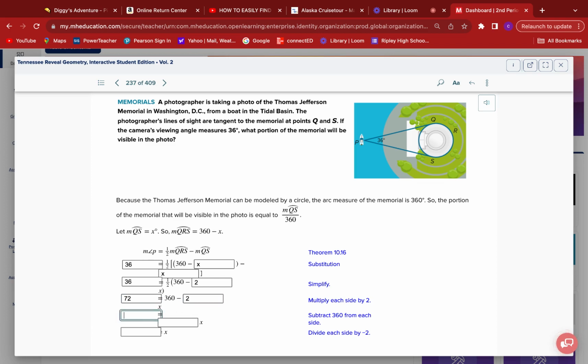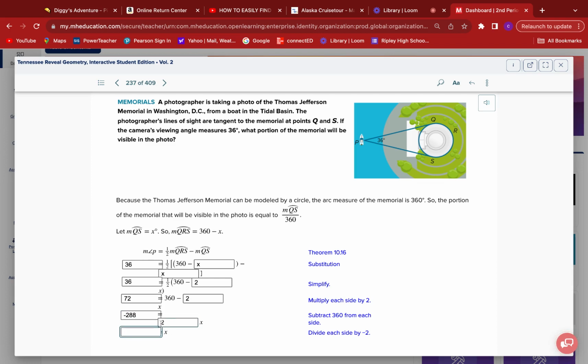Okay. Let's see. What do they do? Subtract 360 to the other side. So 72 minus 360 is negative 288, and that equals negative 2X. Then the opposite of multiplying by negative 2 is to divide by negative 2.